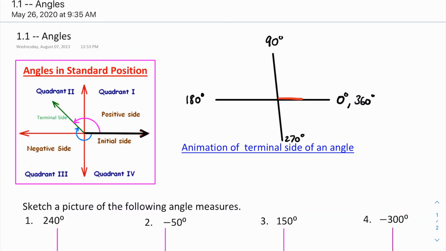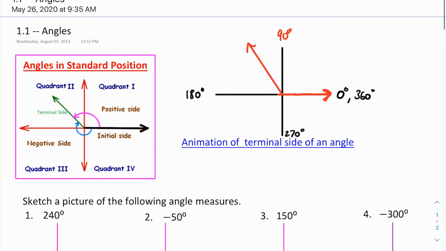So when you measure an angle, this is your starting point here, and then your ending point is wherever it is that you end. Let me straighten this out so it actually looks like a 90-degree angle. And then your angle ends somewhere else. Let's just say that it's here.